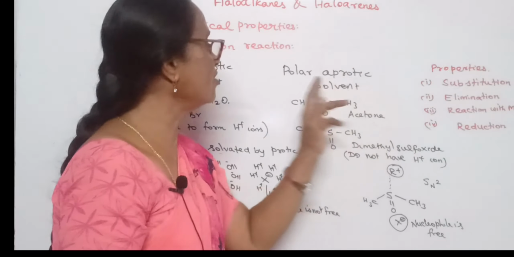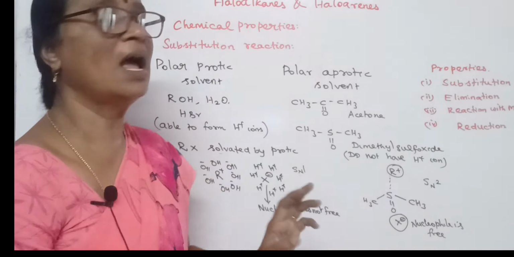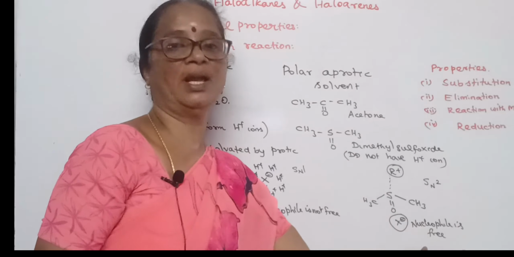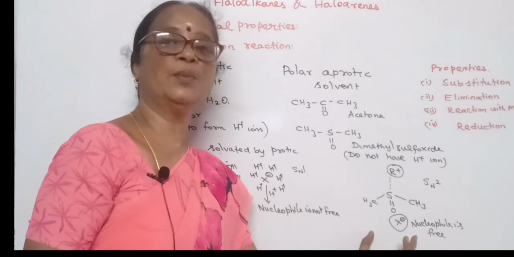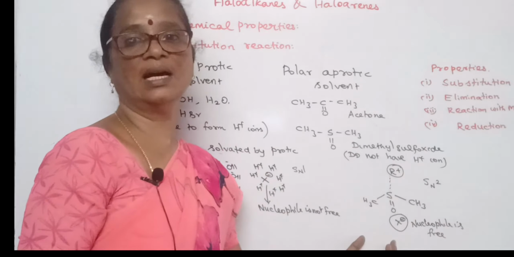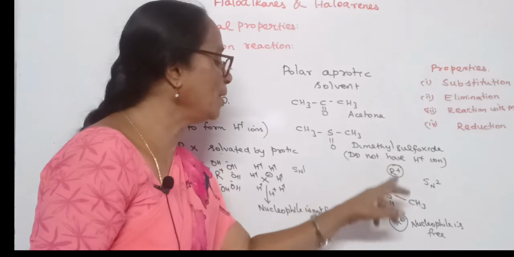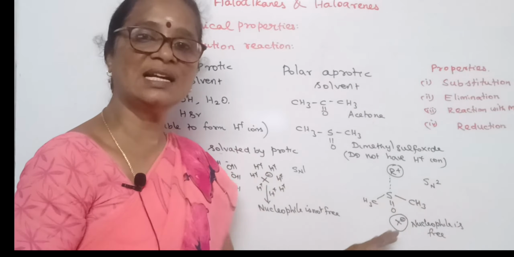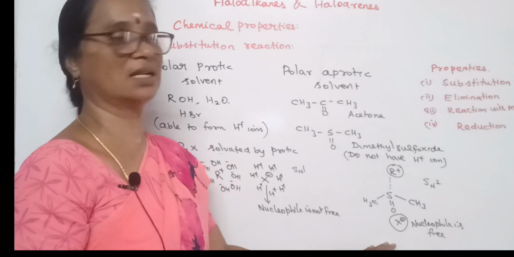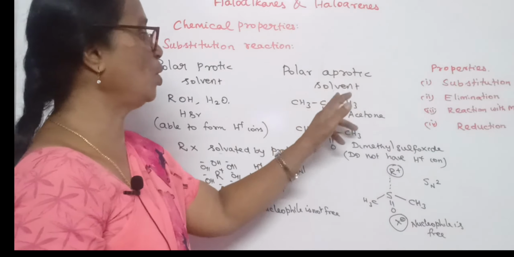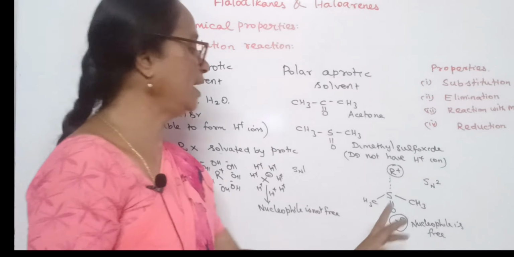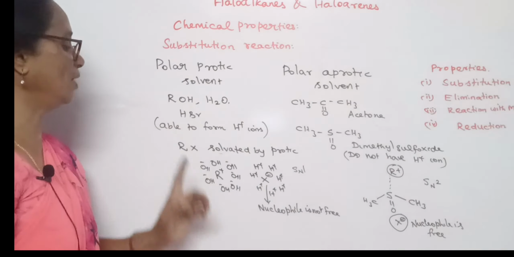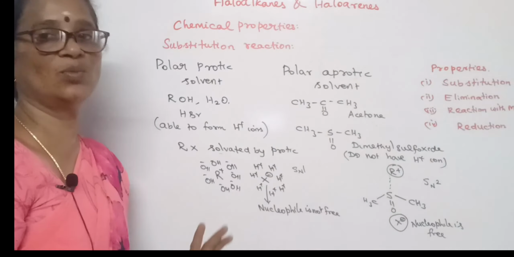But in the case of a polar aprotic solvent, as it has no proton, the nucleophile will be free, and the carbon halogen bond can easily be broken by the incoming nucleophilic reagent. That's why the polar aprotic solvent facilitates the SN2 reaction, but the polar protic solvent facilitates the SN1 reaction.